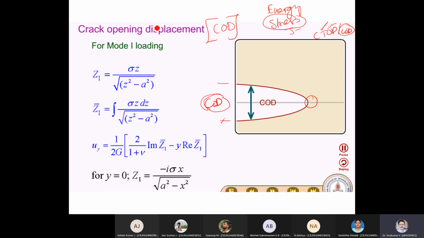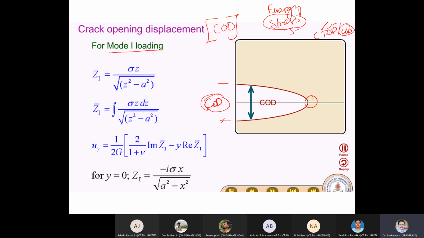For mode 1, you may wonder, sir, most of the time we are seeing mode 1, and what about mode 2 and mode 3? We will see later. Especially when we are talking about energy release rate, this is mainly suitable for brittle types of materials.